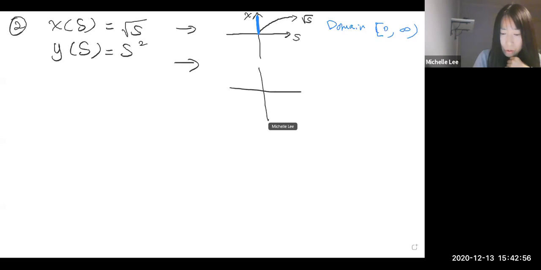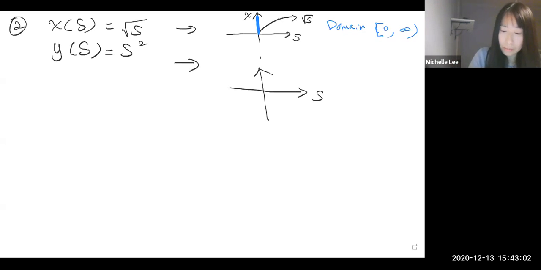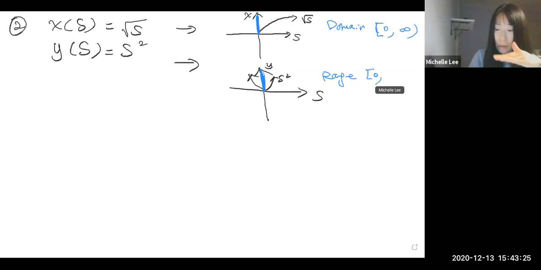We draw, this is s, and s squared is a parabola opening upwards. Now this is y. We are looking at the y-axis, same thing, like the xy plane. The range will be the same thing: starting at 0, including 0, to infinity.